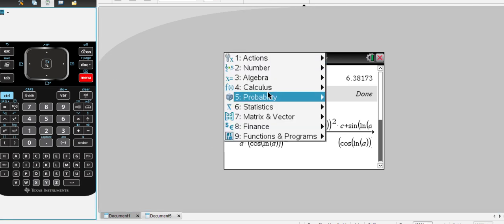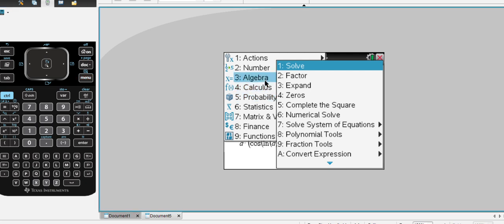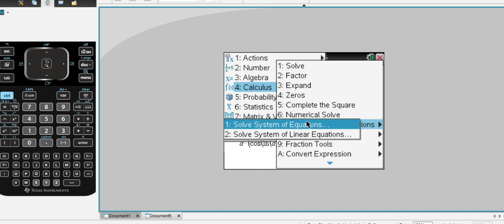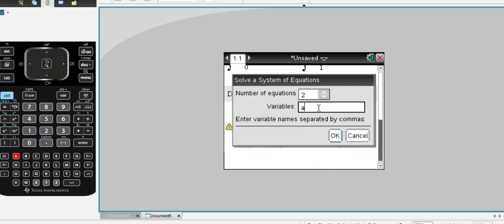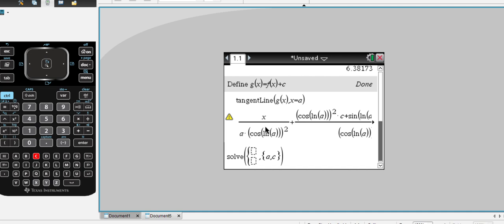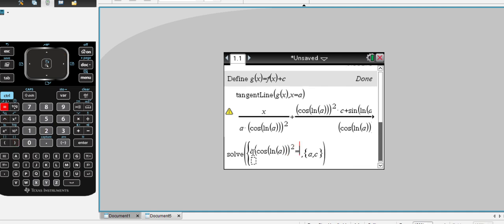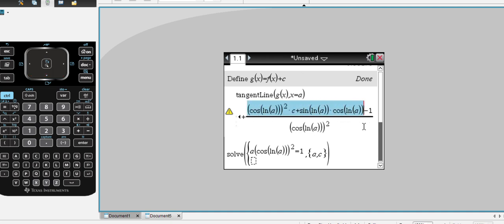So menu 3, menu 3, 7, 1, solving for a and c. So the gradient has to equal 1, therefore a cos of ln of a squared equals 1, and then the y-intercept has to equal 0.